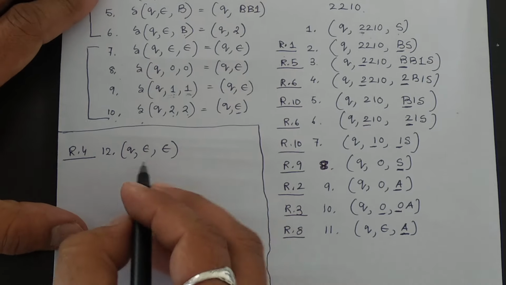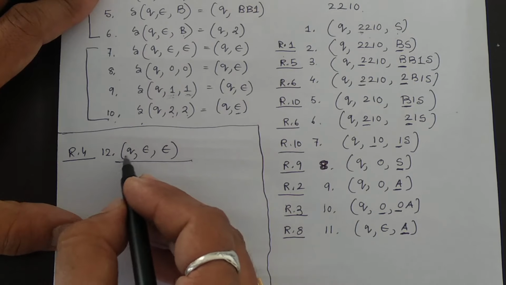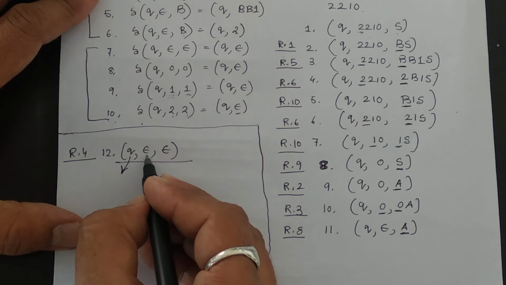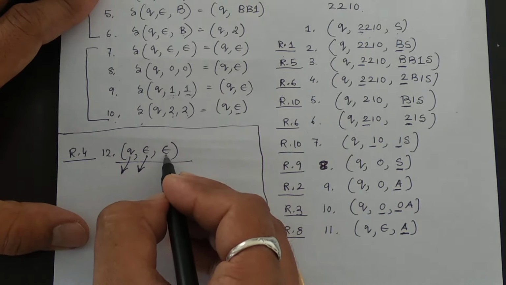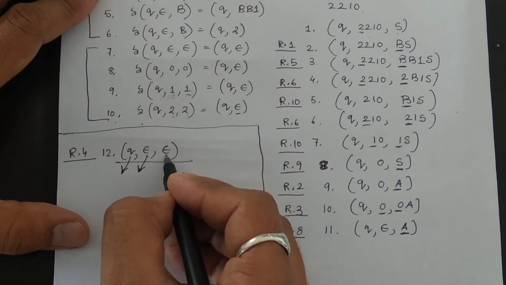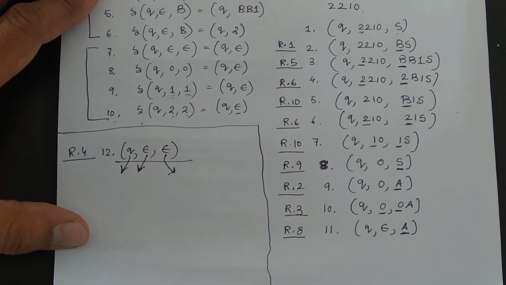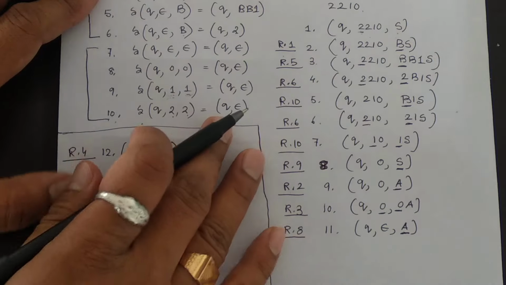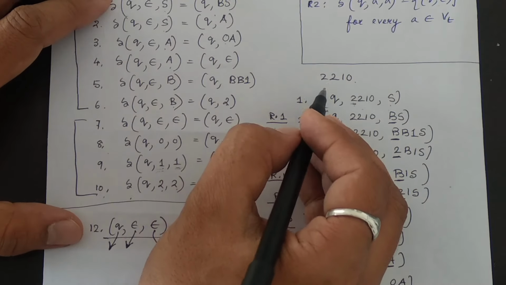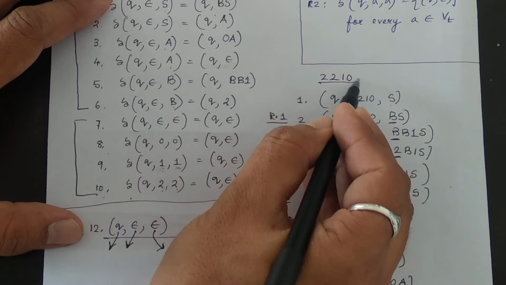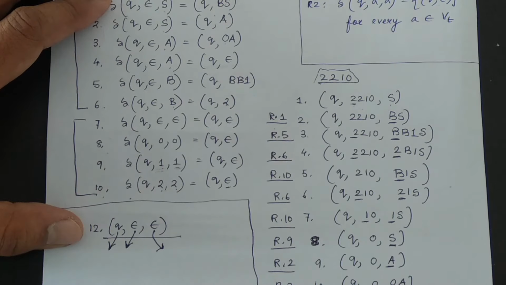Once I reach this kind of scenario where the state is q, the input symbol is epsilon, and the element that I have reached is also epsilon, what does this mean? Your entire string has been read from left to right. Clear?